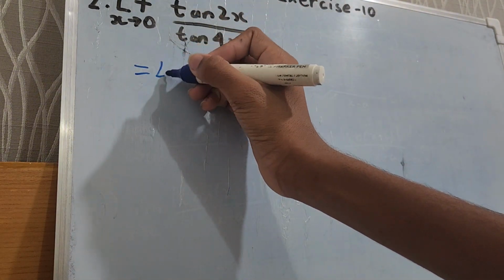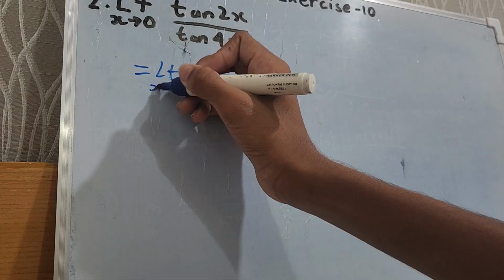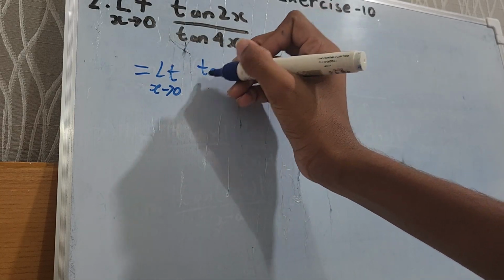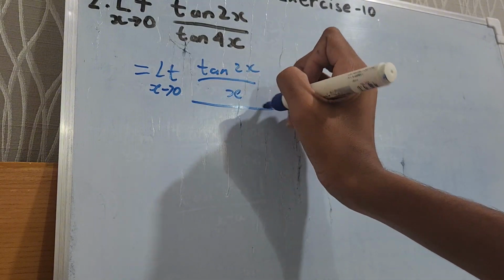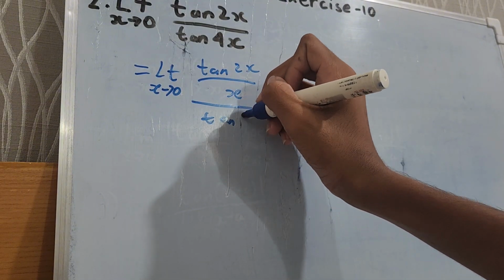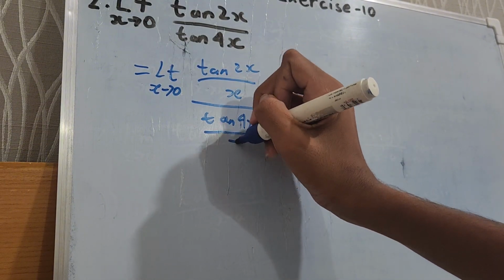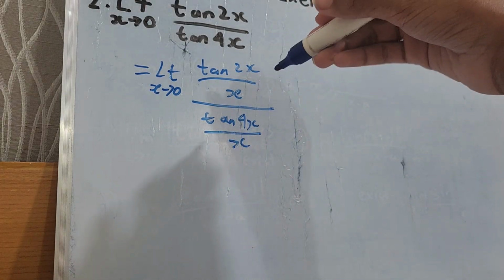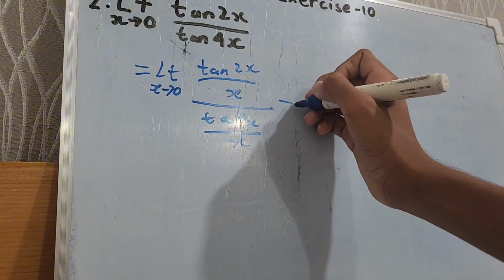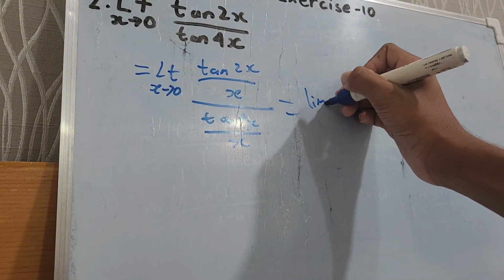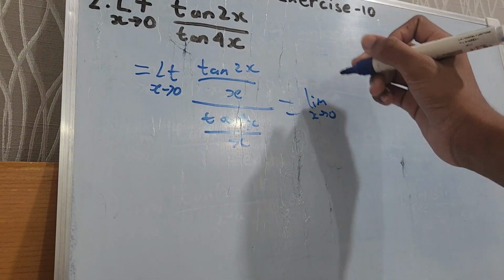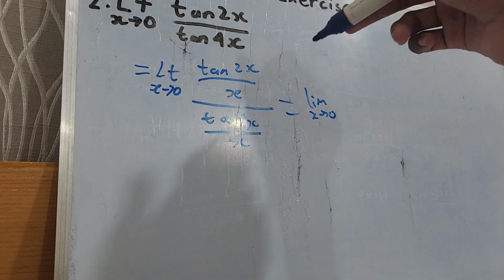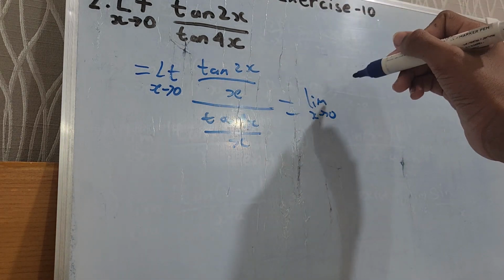So limit x tends to 0, take tan 2x by x divided by tan 4x by x. The x is cancelled, we're just dividing both by x, no change. This equals limit x tends to 0, tan 2x by x, which is 2, because I told you tan ax by x is a, so here a is 2.